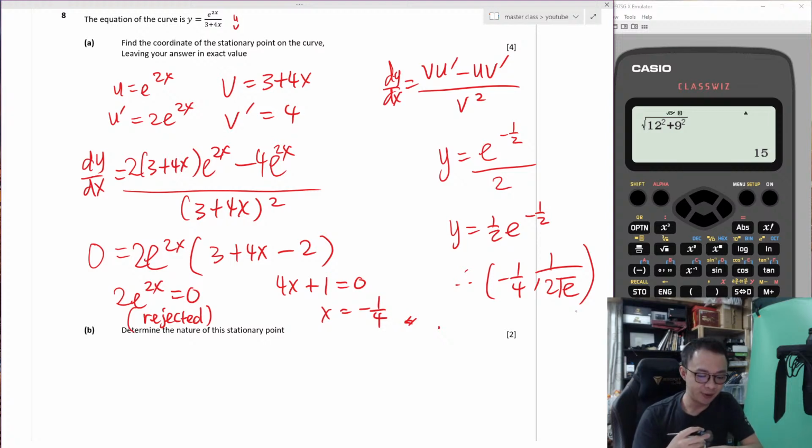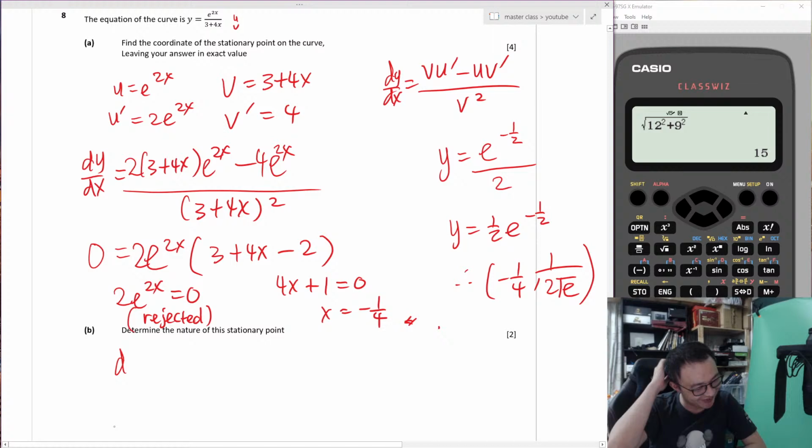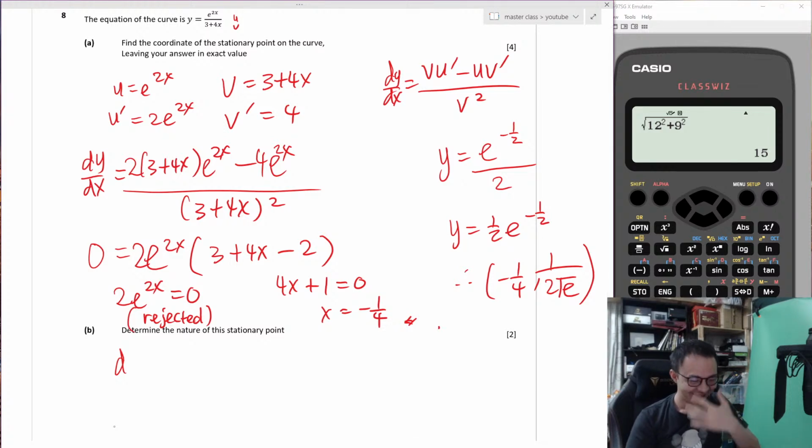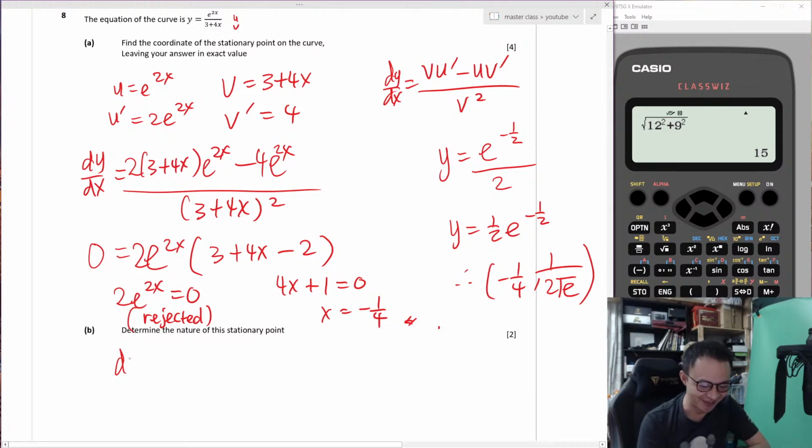Okay, so determine the nature of it. We want to know the nature, we do the second derivative. What? Need to do the second derivative for this one? It is killing me. Is there any faster way of doing that? I just don't want to differentiate this thing.